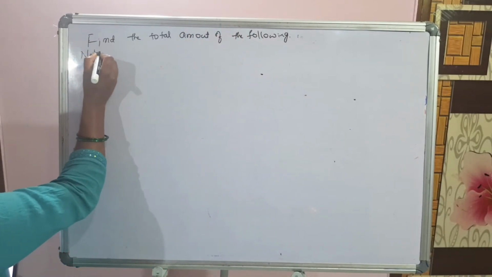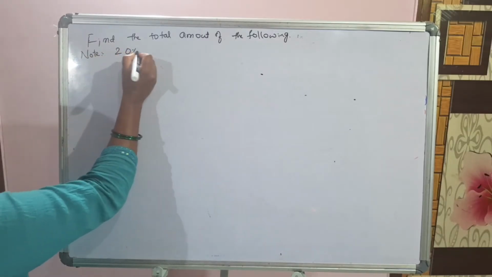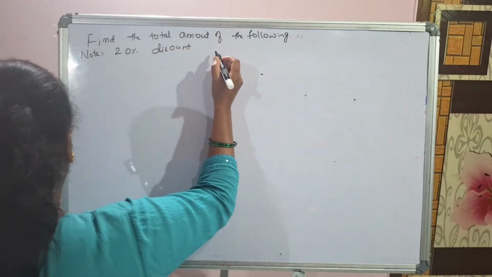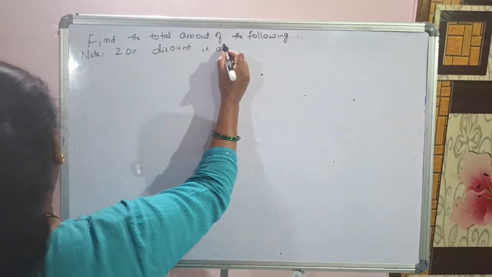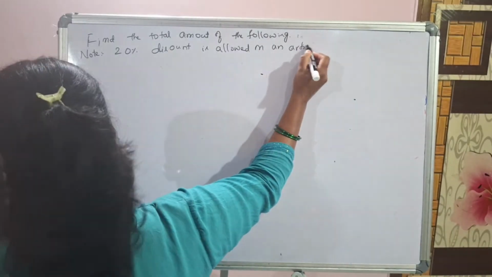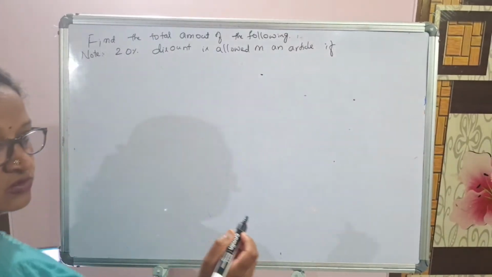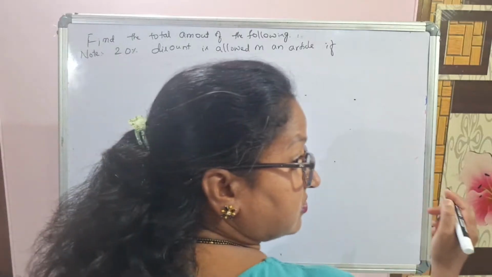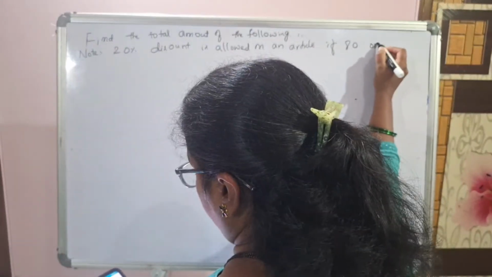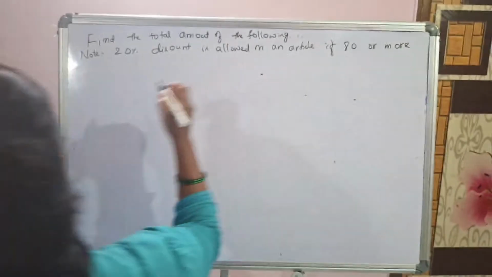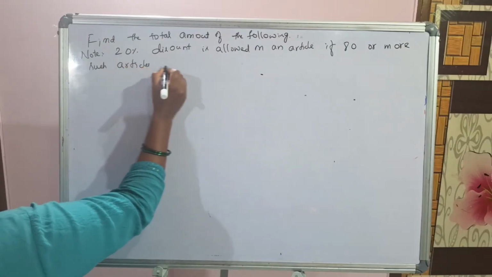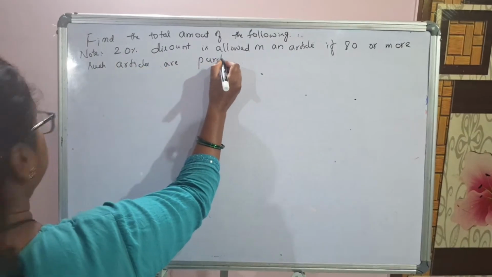Note, 20% discount is allowed on an article if 80 or more such articles are purchased.